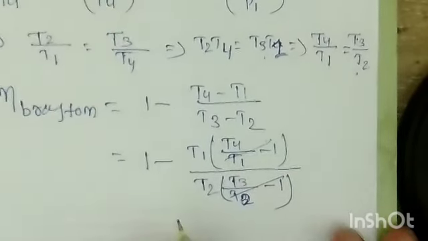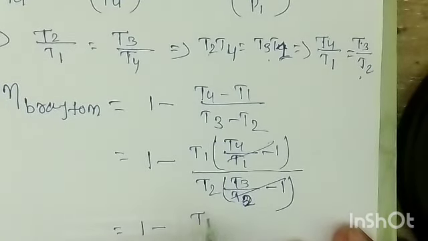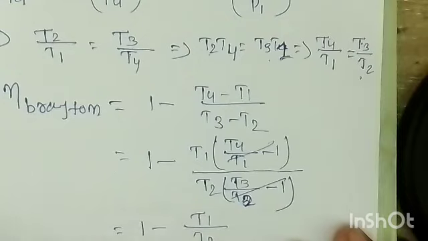So the equation is that efficiency of Brayton is 1 minus T1 by T2. But what is T1 by T2?